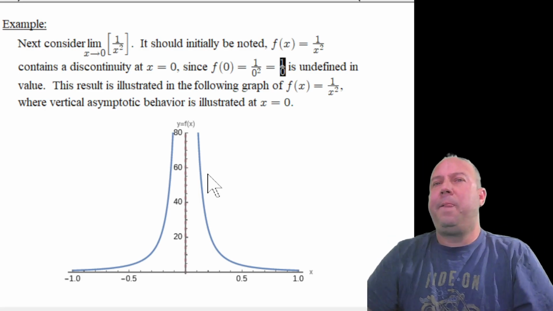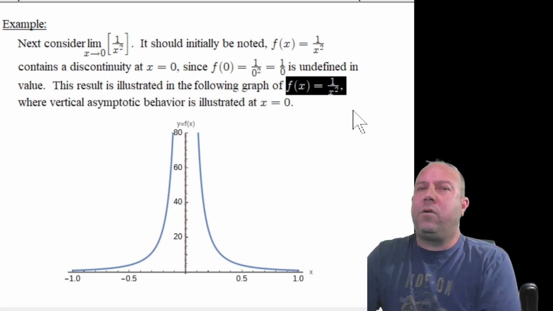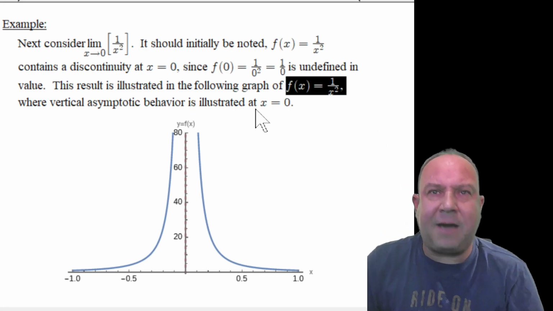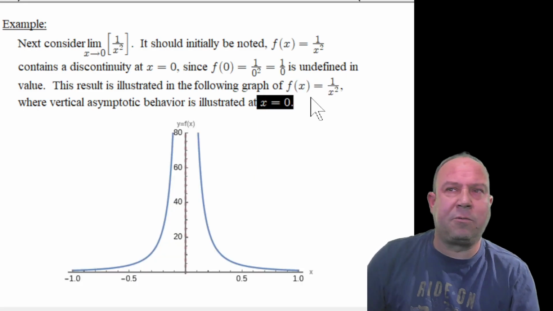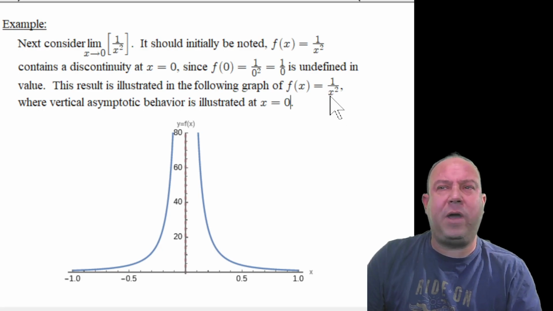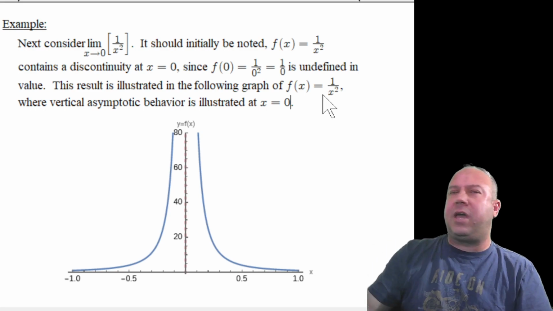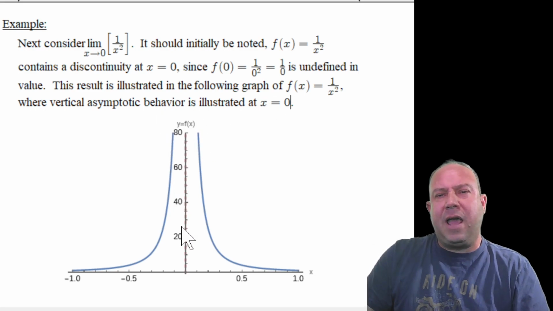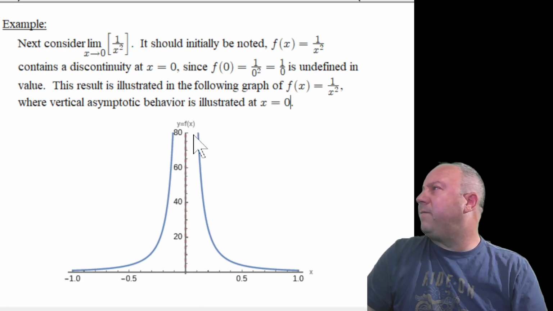If you keep in mind, the graph of our function 1 over x squared is actually going to have a vertical asymptote where the denominator equals 0. If we take the denominator x squared and set it equal to 0, we find that it's at the location x equal to 0. You'll notice in this graph at that location there is a vertical asymptote.